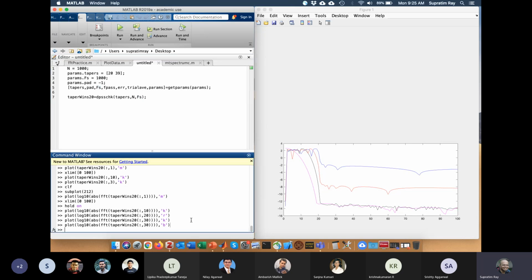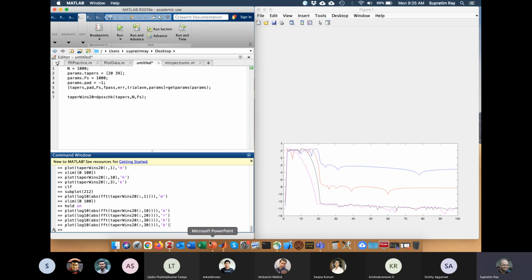You can then multiply, generate some random signal also, and see how windowing affects the frequency spectrum and so on. So that will give a very good idea about how all of this works.